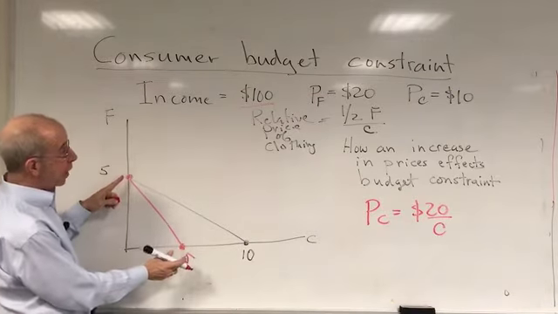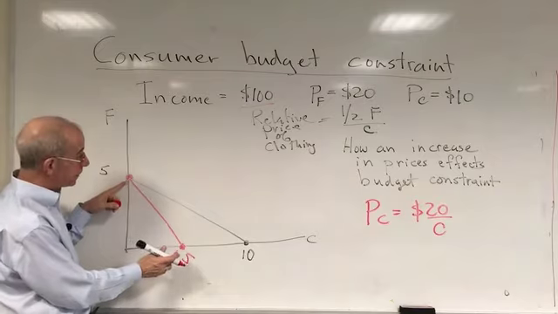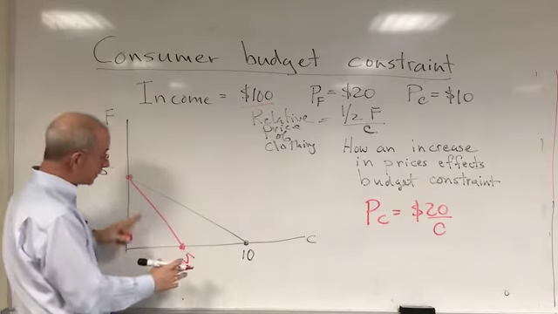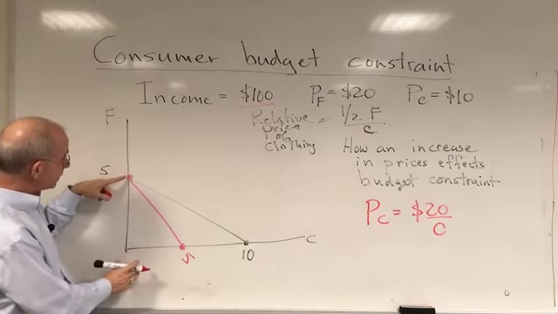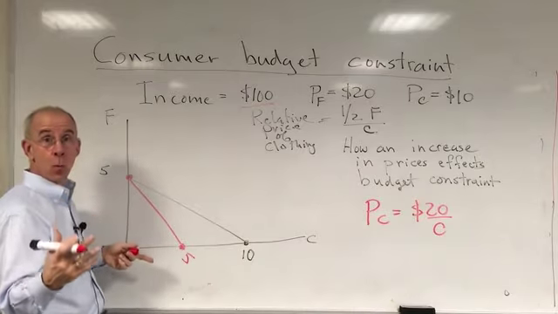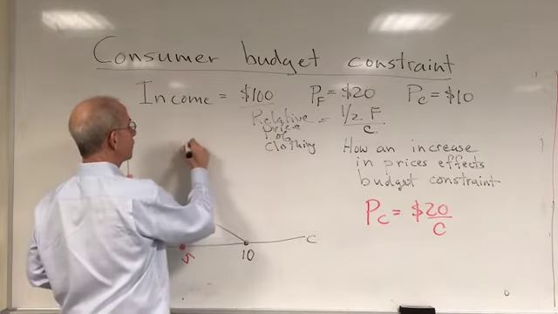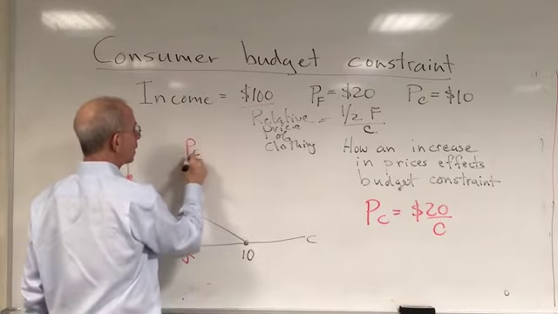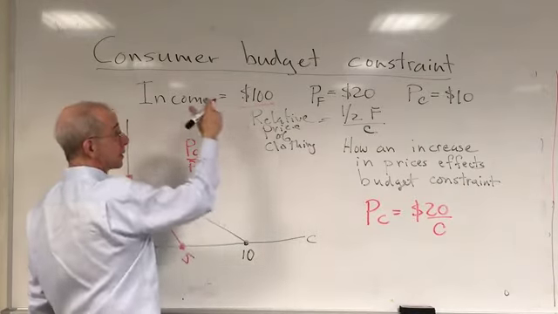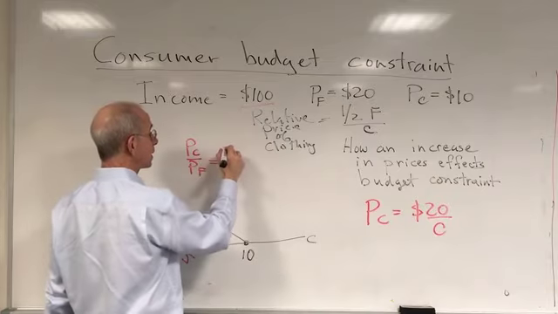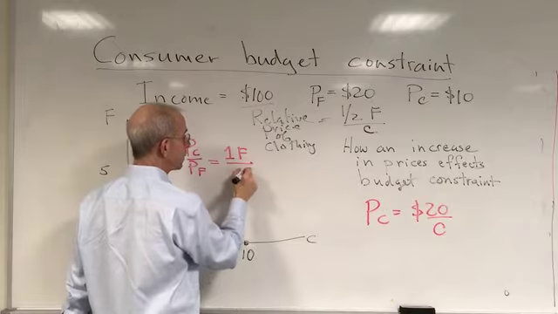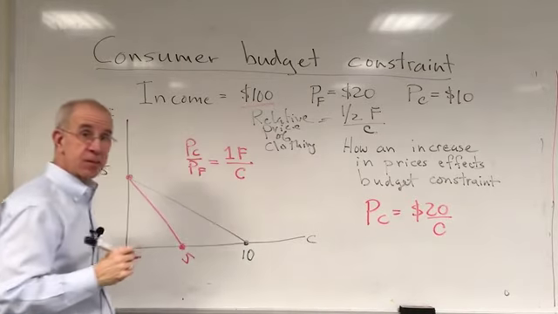I told you before about how the slope of the budget constraint is the relative price. What is the slope of this budget constraint? It's 5/5. It's 1-to-1. The relative price of clothing now, when they both cost the same thing, I'm going to give up 1 unit of F for every C that I buy.